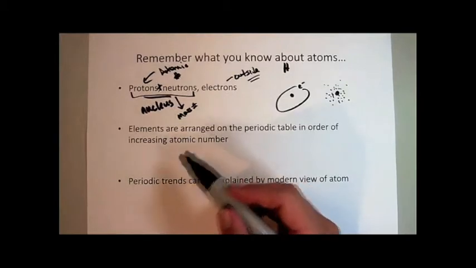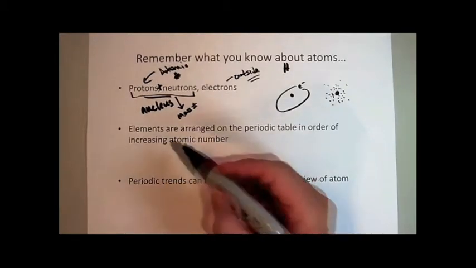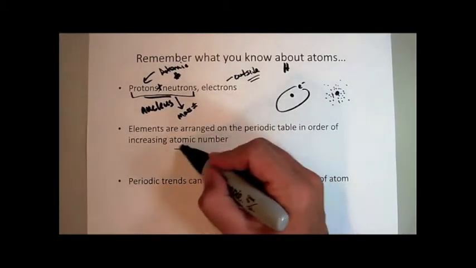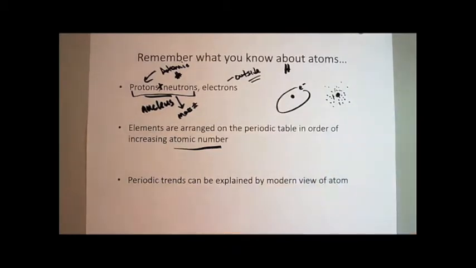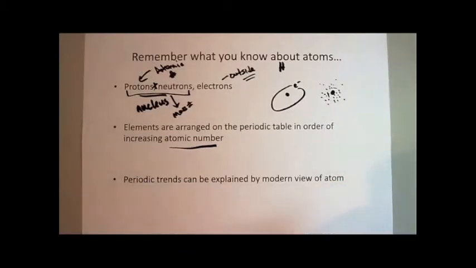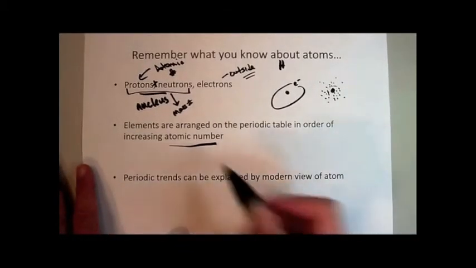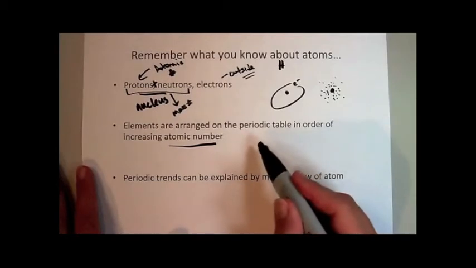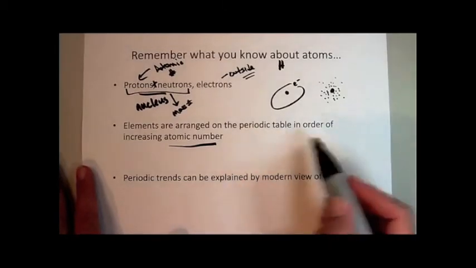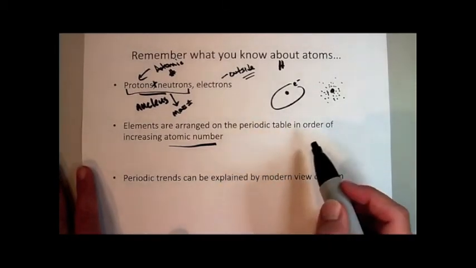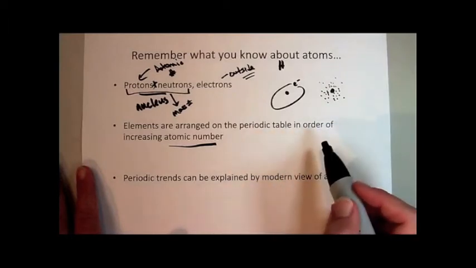So we can figure out how many electrons are in an atom based on the atomic number, which is found on the periodic table. Okay, and as you move across the periodic table and the atomic number increases by 1, the number of electrons also increases by 1.